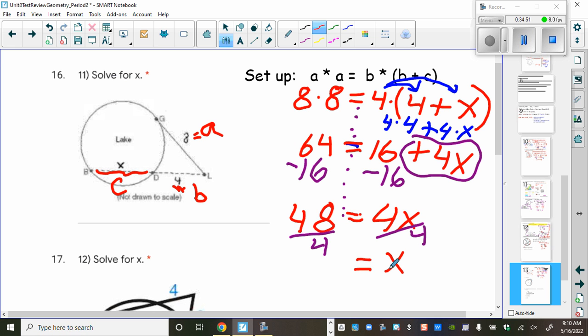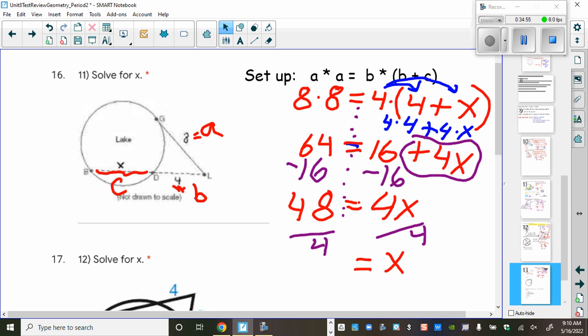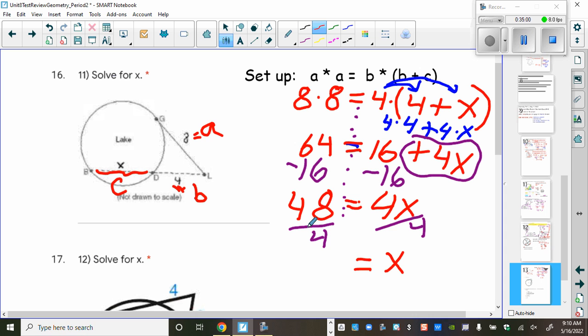X is how much? Most of you got it. So X was, what's 48 divided by 4? 12. Okay, questions? Yeah, most of you got it.